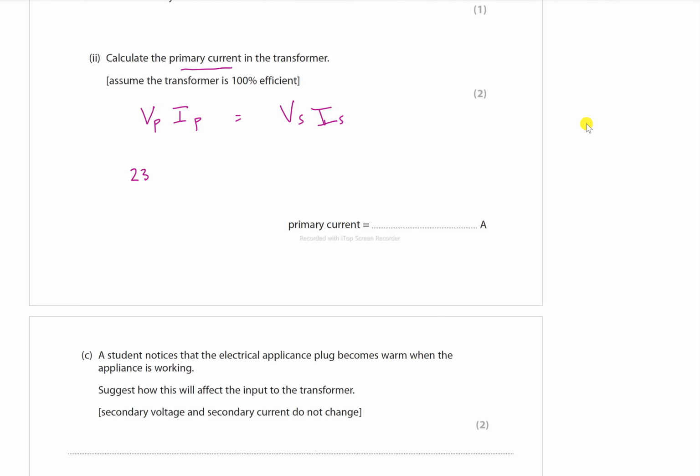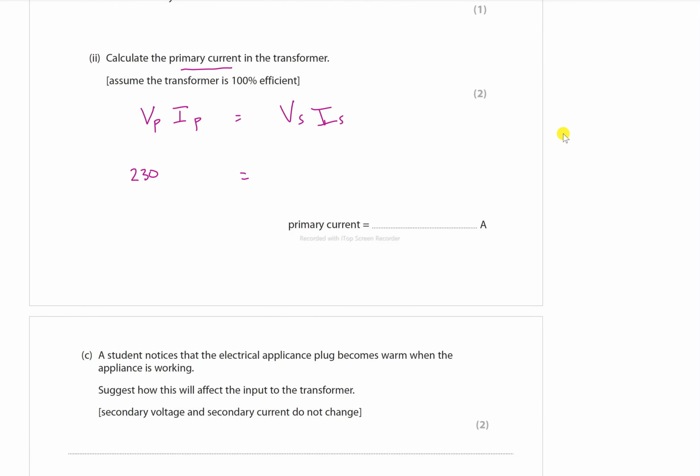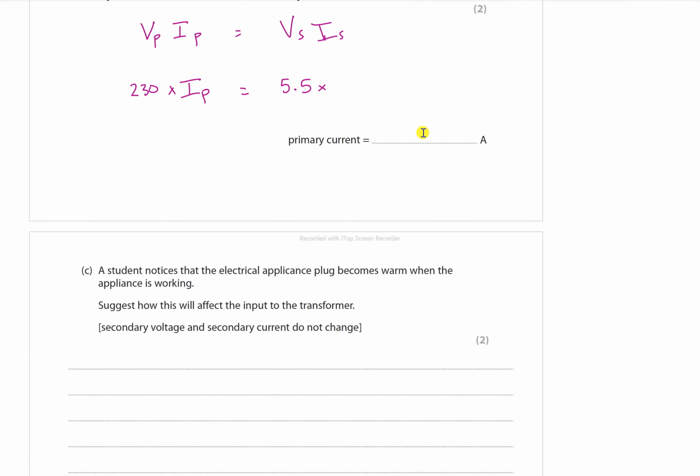So 230 down to, can't remember them, 5.5. So we're trying to work this one out, and we've been given I secondary. It's 1 amp.